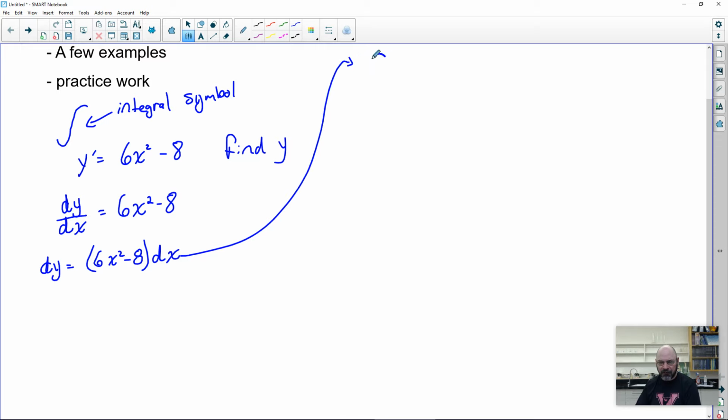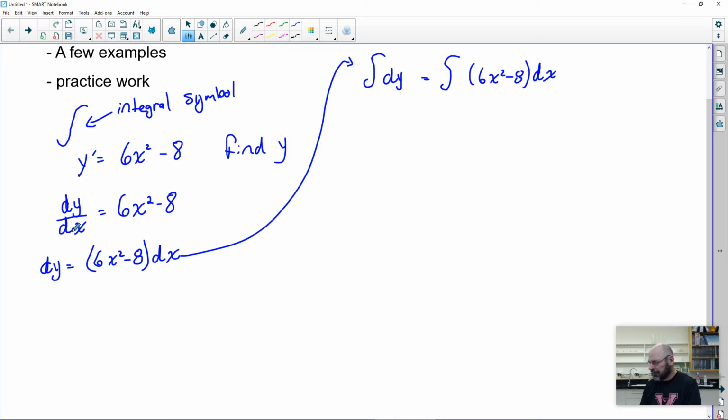If I take the integral of dy, it's y, and that's going to equal the integral of 6x squared minus 8 dx. So this is how we will write integrals from now on. We'll use the fractional form here, and then we'll split it into two pieces by multiplying the bottom out.